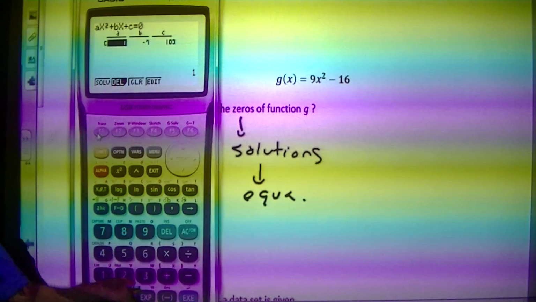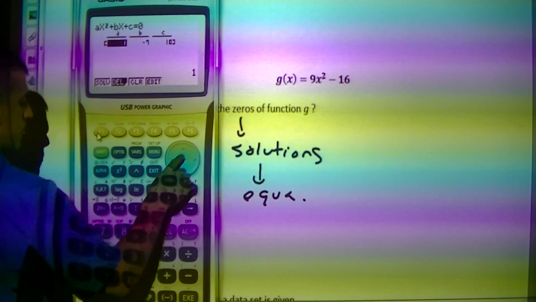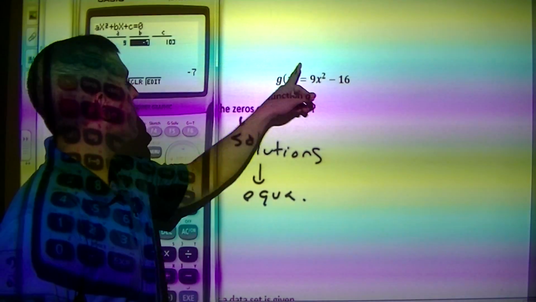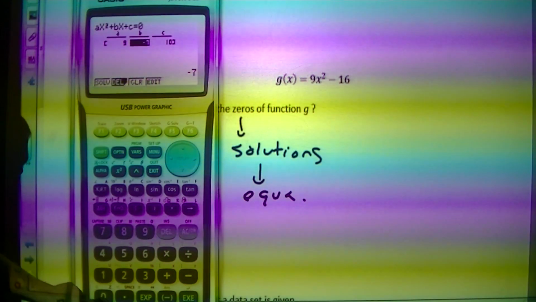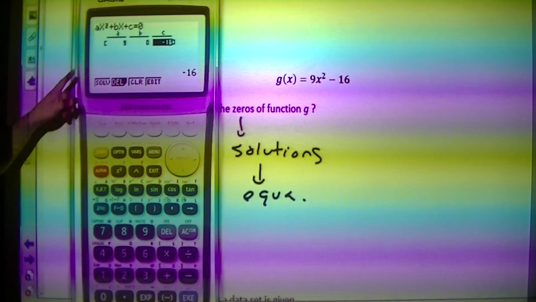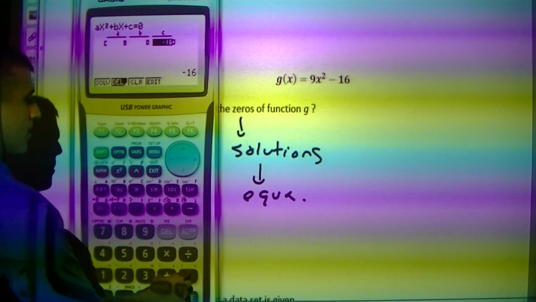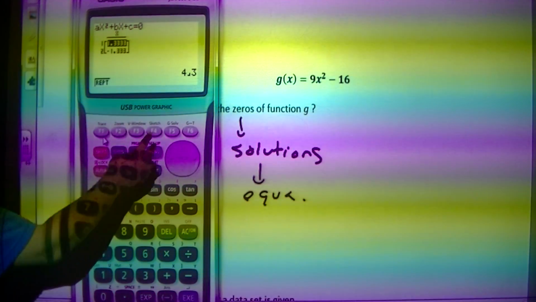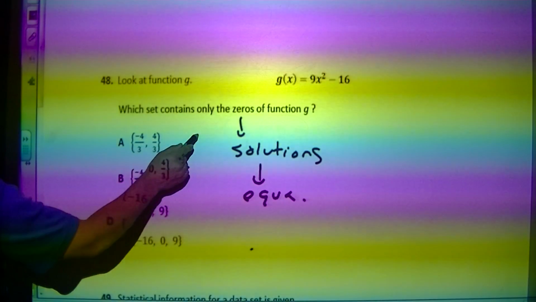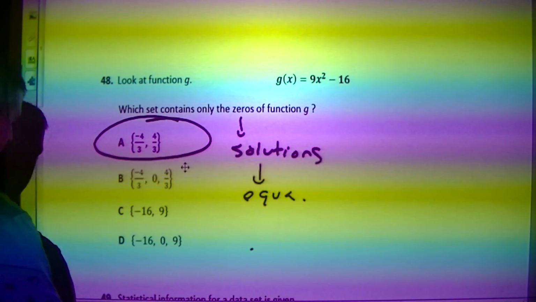Now, this represents the number in front of x squared, which would be 9. There is no number for x, because b represents x, so that's 0. Then that's -16. So 9, 0, -16, because there is no x. If I solve, I get 4/3 and negative 4/3, which is going to be that answer right there.